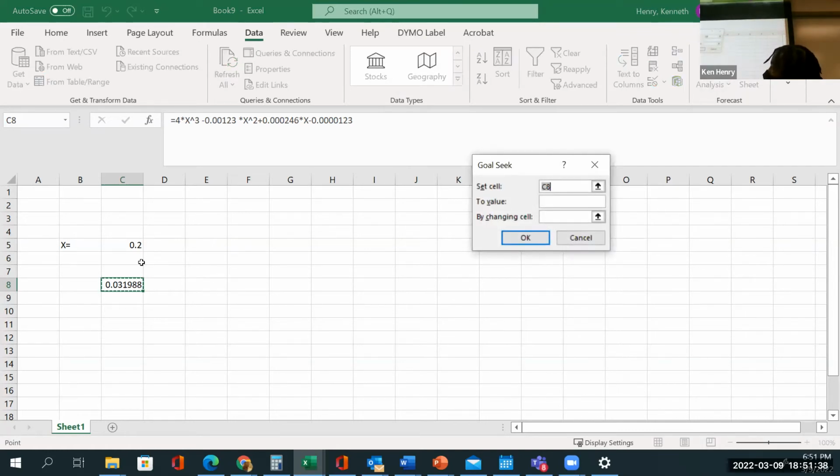We're going to set this cell to 0 by changing this cell.